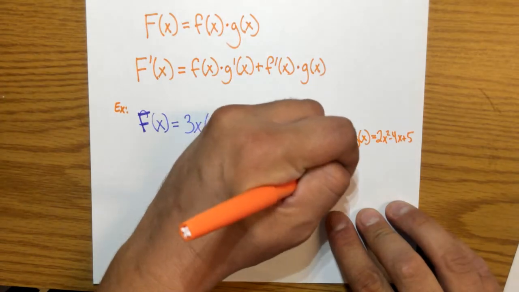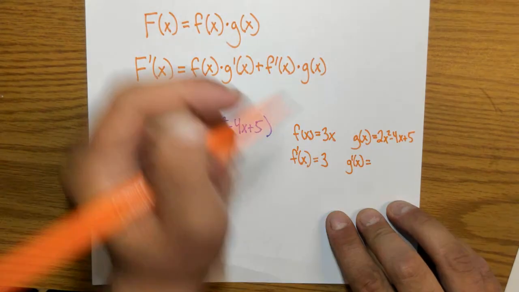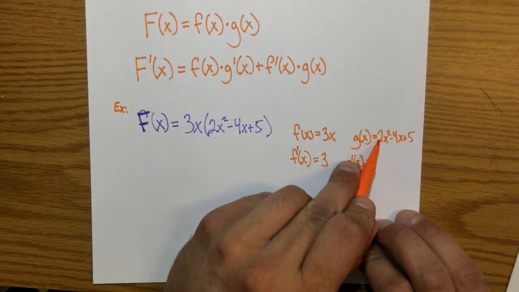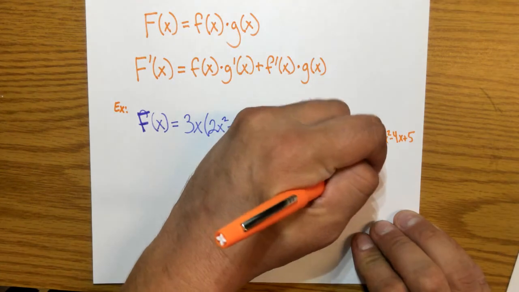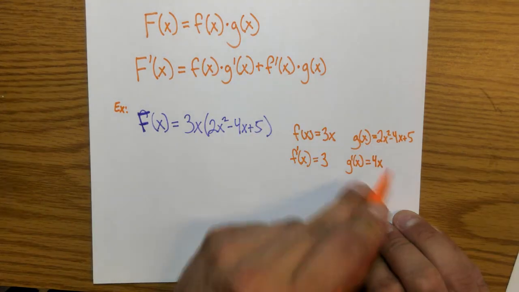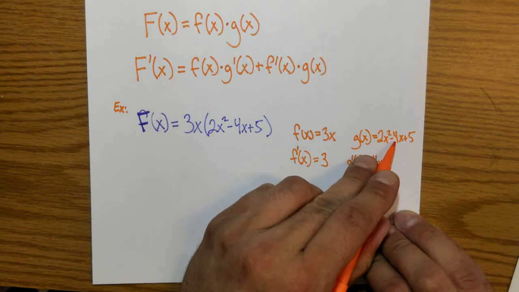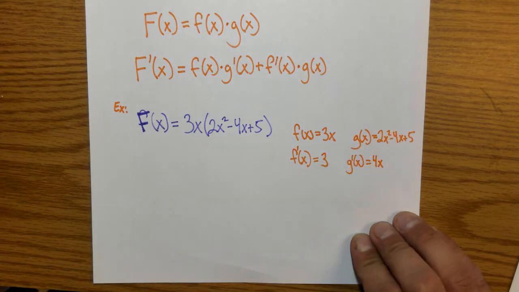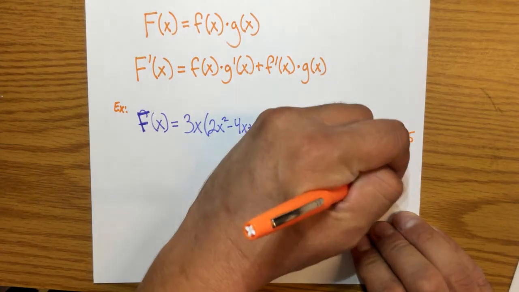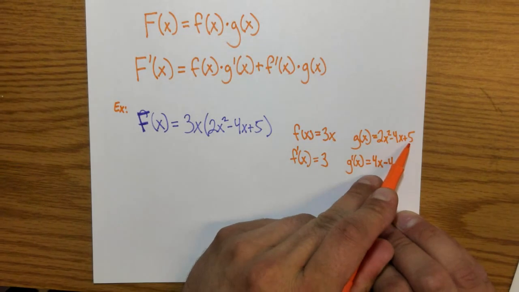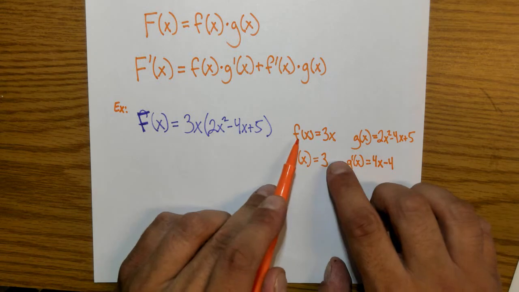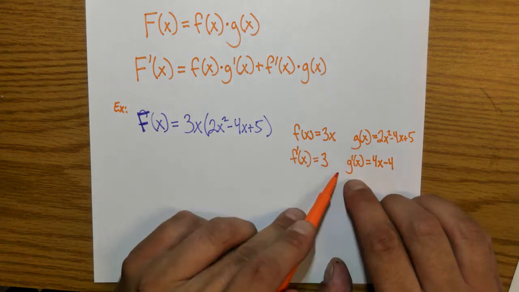And g prime of x is equal to, we're going to multiply the power to the coefficient, so it's going to be 4x, and then lower the power by 1, so just 4x. And then this linear term, the x just goes away, so it's minus 4, and then the 5 goes away since it's a constant. So now we have our f of x, f prime of x, g of x, and g prime of x defined.